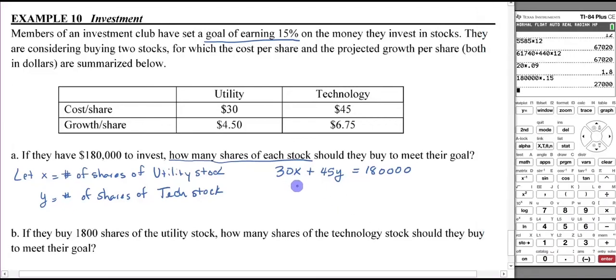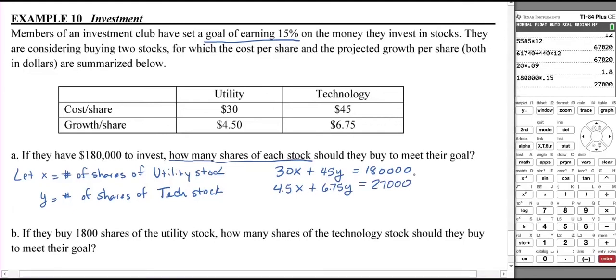So our growth or our interest that we make on this is going to be 4.5 times however many shares of the utility stock. And we're going to add that to 6.75 times however many shares of the tech stock is going to equal the total of $27,000 in growth.